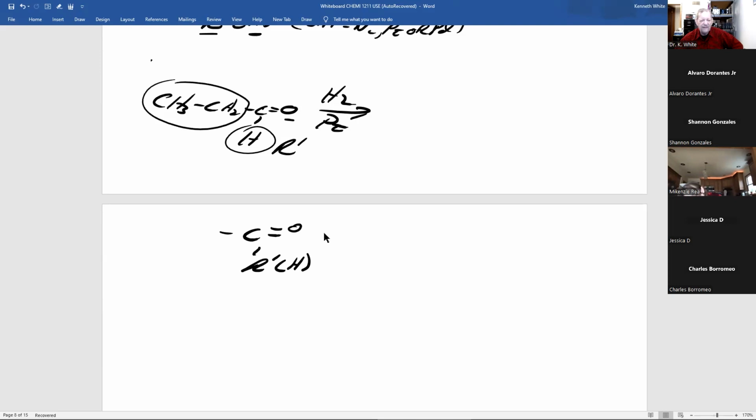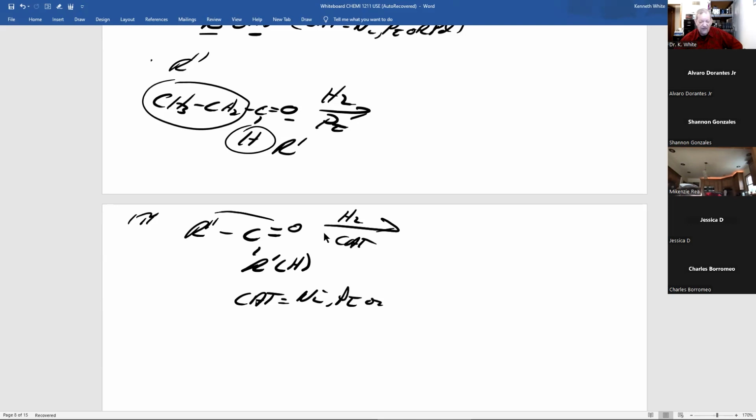And then here, our double prime is an ethyl group. Remember, you have the pi bond, hydrogen, catalyst, catalyst can be nickel, platinum, or in our case, palladium.